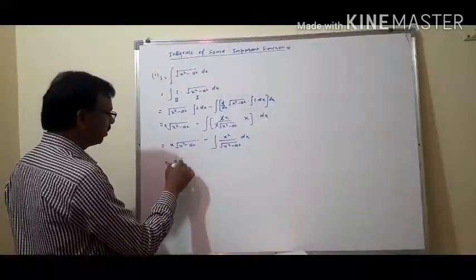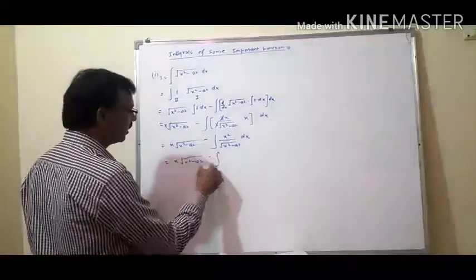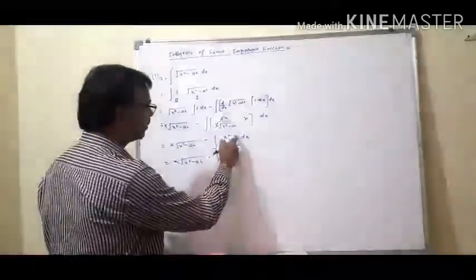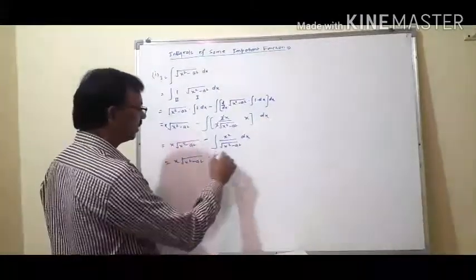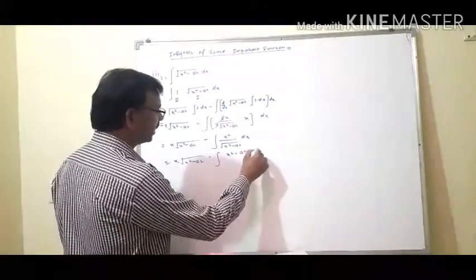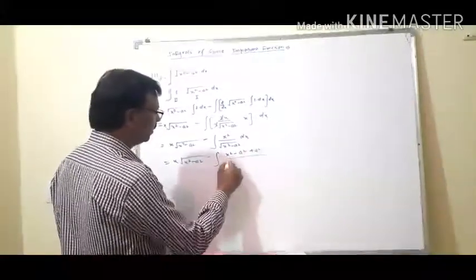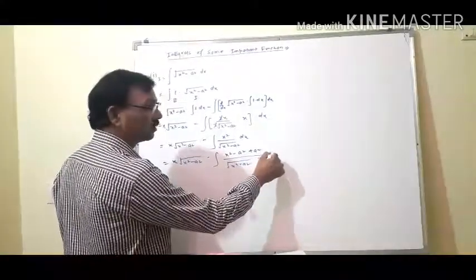This is equal to x root under x square minus a square minus, adding a square and subtracting a square in the numerator, so this will be x square minus a square plus a square whole upon root under x square minus a square into dx.